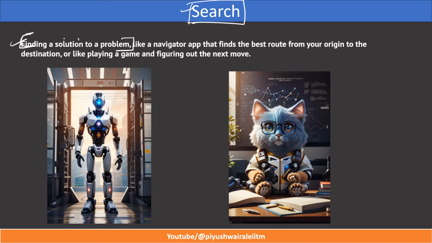For example, you must have used Google Maps. Google Maps navigator finds the best route from your origin to a destination. Suppose you want to go from Pune to Mumbai. Google Maps will suggest three routes, and out of the three, it will recommend one route because it will take less time.